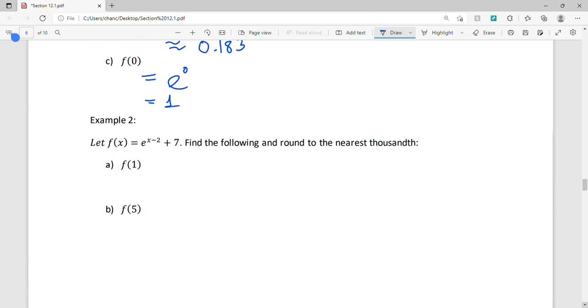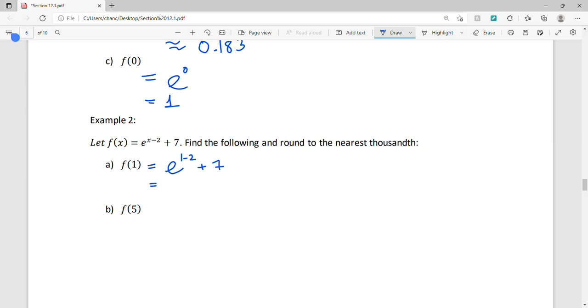So practice on example 2 now. Use your calculator and make sure that you get the same answer as I do. In part A, this is a substitution problem. We'll plug in a 1. So this is e raised to the 1 minus 2 plus 7.